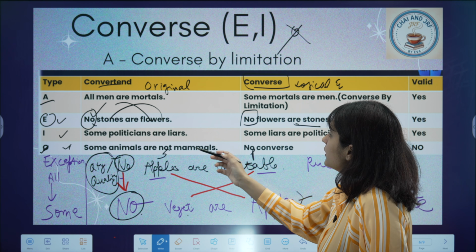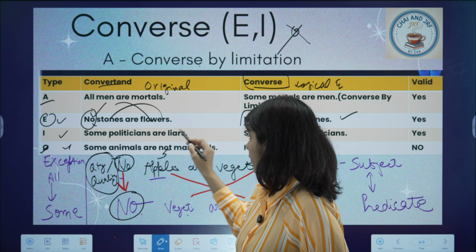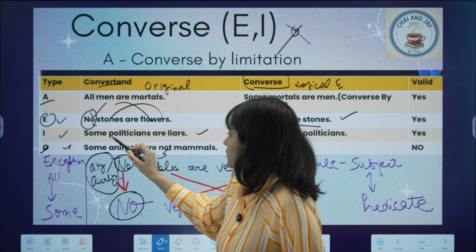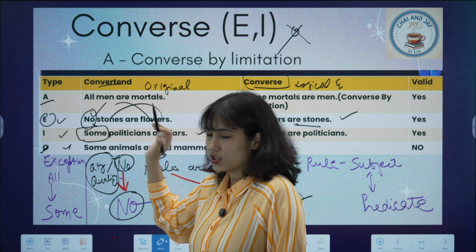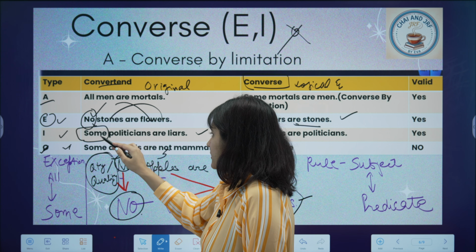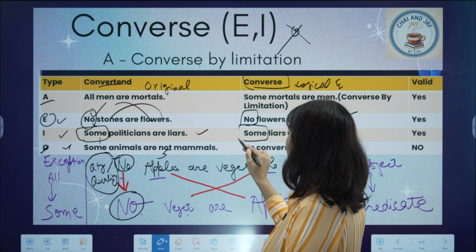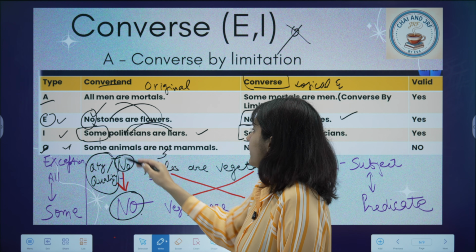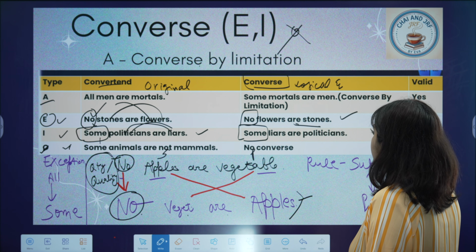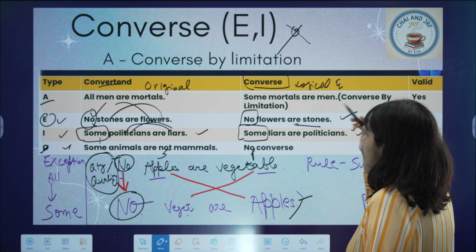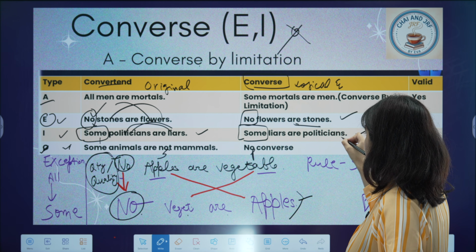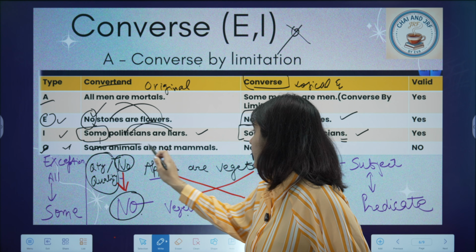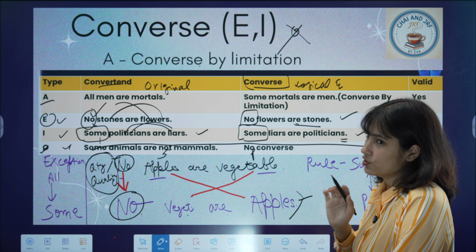Moving ahead with our I type of proposition. In I, quality and quantity will remain the same. Some will remain as some. Now we are going to interchange the subject with our predicate. So you can see here is our answer, the converse logical equivalent. It is not valid for O, so we are not going to look for an O proposition.